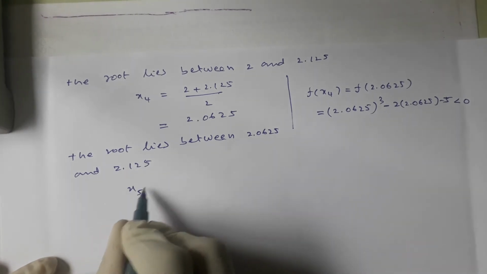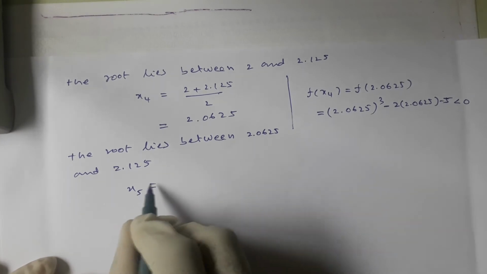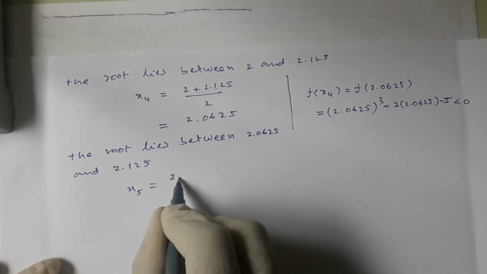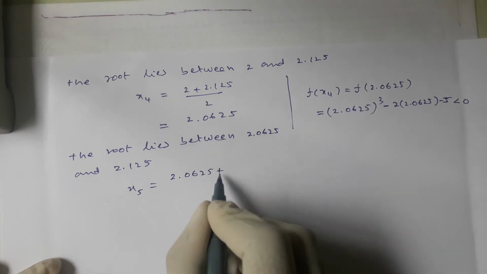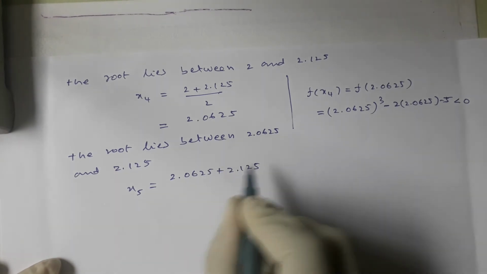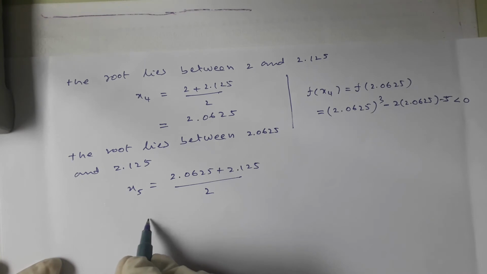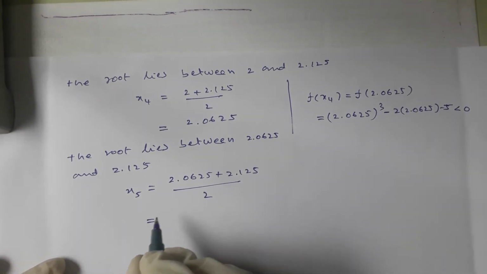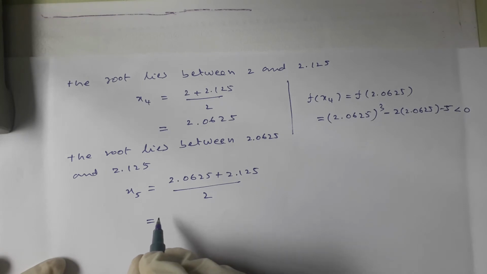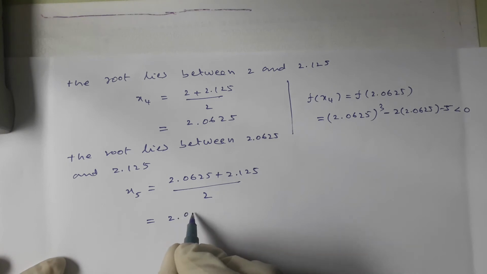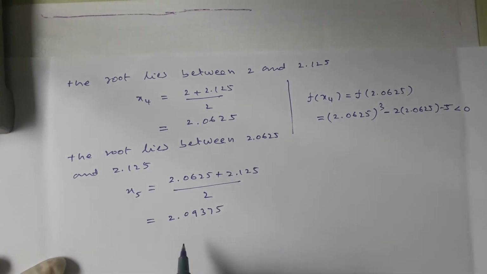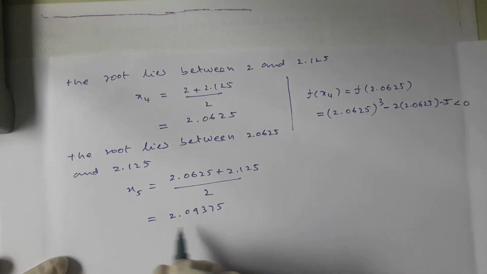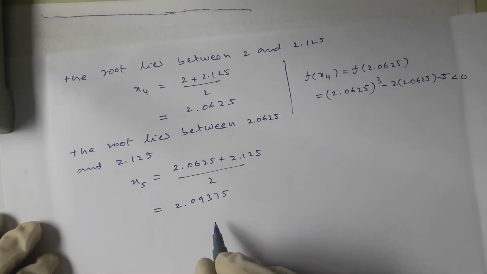So the next approximation root is the average of 2.0625 plus 2.125 divided by 2 is equal to 2.09375. So that is 5 iterations.